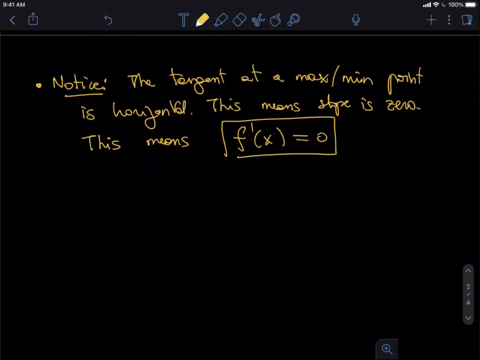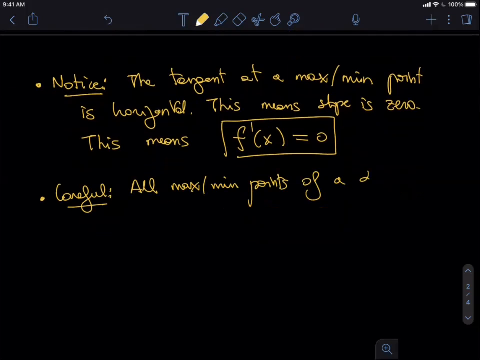But here, let's be a little careful again. What we are saying is that all maximum or minimum points of a differentiable function, because if it's not differentiable, f prime makes no sense. Okay.